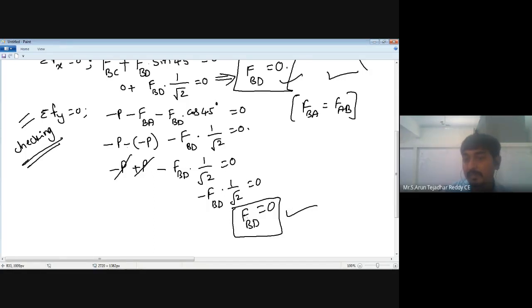How to calculate, how to resolve the forces, how to apply cos theta, how to apply sin theta, when we are going to apply tan theta, and how to apply equilibrium equations, and how to calculate support reactions, how to calculate joint equilibrium equations, how to find the member forces. So the total problem we'll see in the next class. Today's class, this is only a small example.